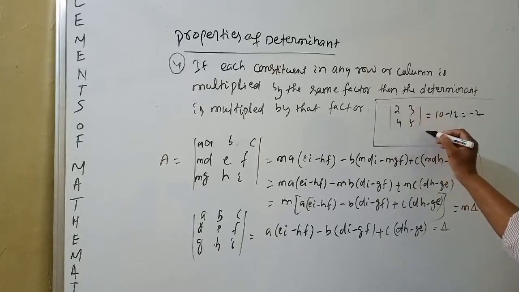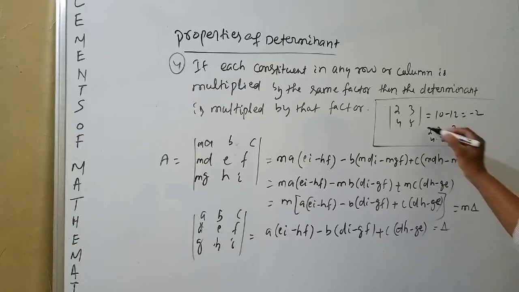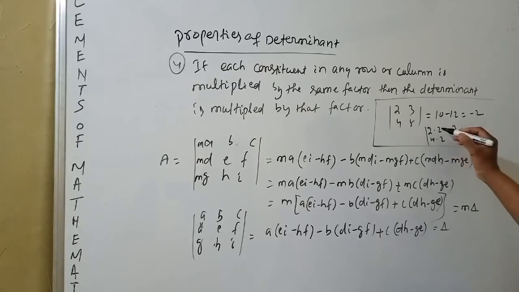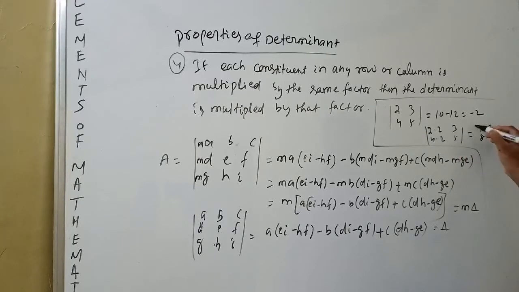Now suppose you multiply one row by 2. This becomes 4, 3, 8, 5, which gives 20 minus 24, which is equal to minus 4.